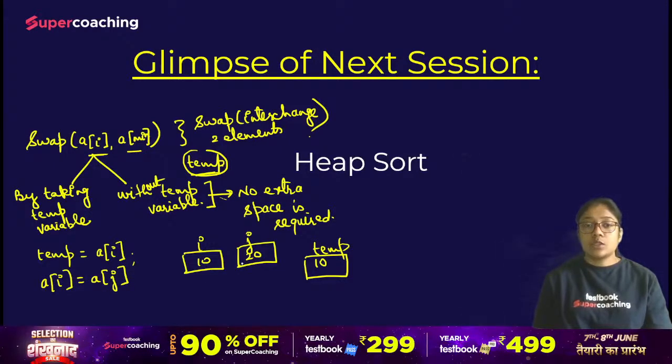That means, which value will come into I? The one that is in j. And then a of j will be equal to whatever value is available in temp. So temp is holding the value 10. So this is updated. Now I have swapped a of 1 and a of 4.